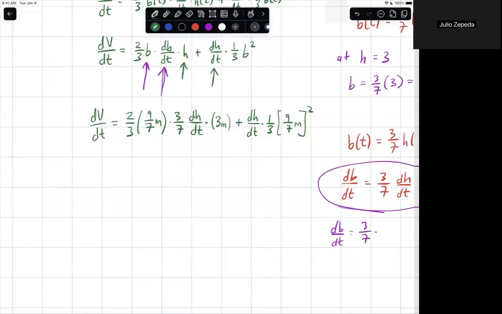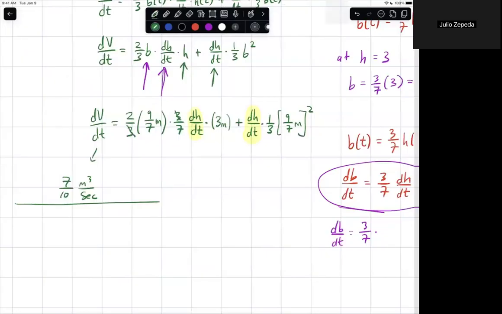So imagine factoring it out and then dividing by what's left. dV/dt is 7/10 cubic meters per second, divided by, let's see, can we simplify this at all? 3 and 3 cancel.